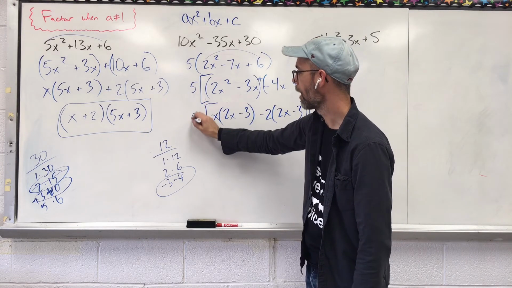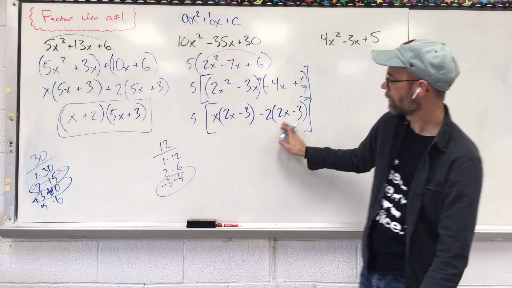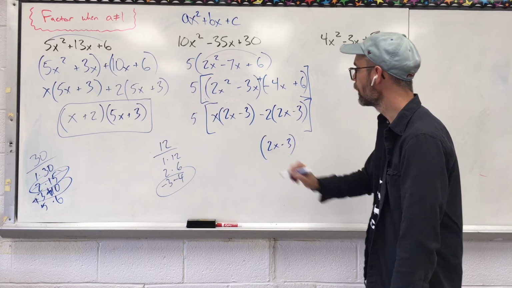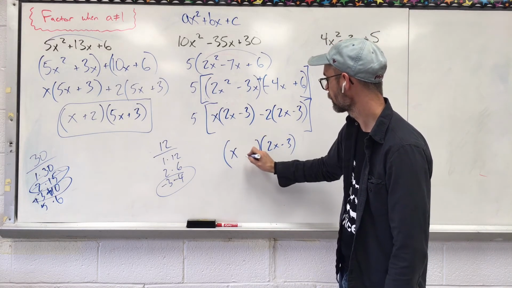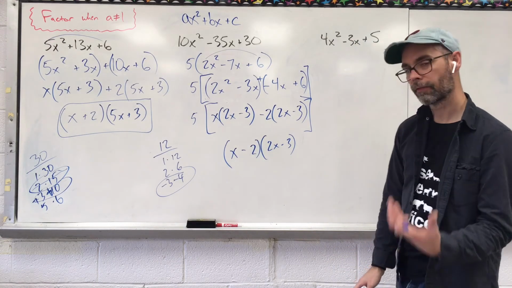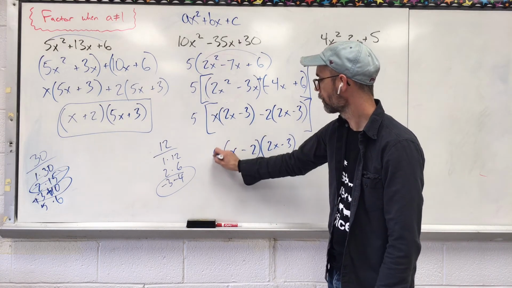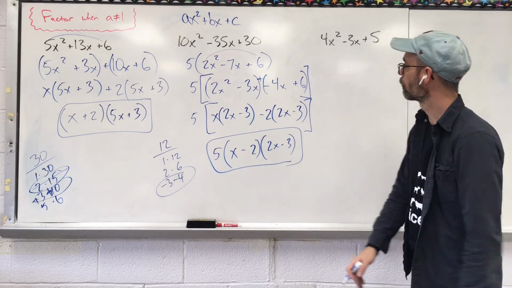I know this is looking sloppy. But when we factored by grouping, that's the same as that. So let's keep one, 2x minus 3, and then create the second one with what we already took out, x minus 2. And the only other thing that we have here is a 5. You don't need these brackets anymore because it just says multiplication. Let's just continue multiplying it down. Bring that 5 into the group.